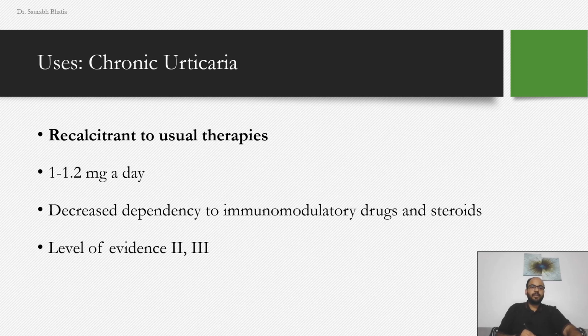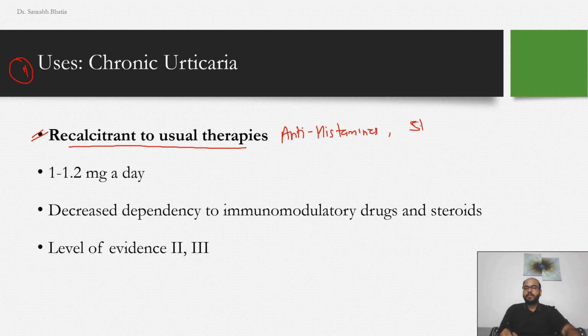So first disease is chronic urticaria, which is recalcitrant to usual therapies. Usual therapy means it is not responding to antihistamines or corticosteroids. Let's say you have a patient of chronic urticaria who is steroid dependent. The moment you decrease the dose less than 10 or less than 20, hives appear.